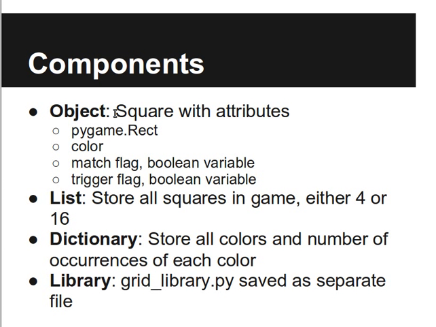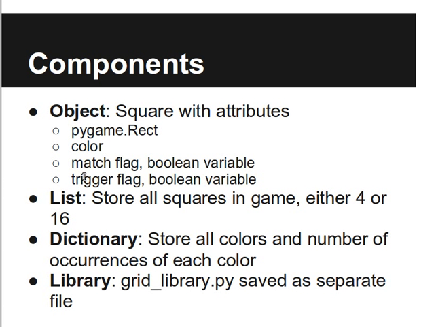Okay, so let's go back to the components. Main one, an object, showed you. It stores different attributes: the rectangle, the color of the background square, a Boolean variable for the match, and a Boolean variable to trigger whether it's viewable or not. There's a list to store all the squares.